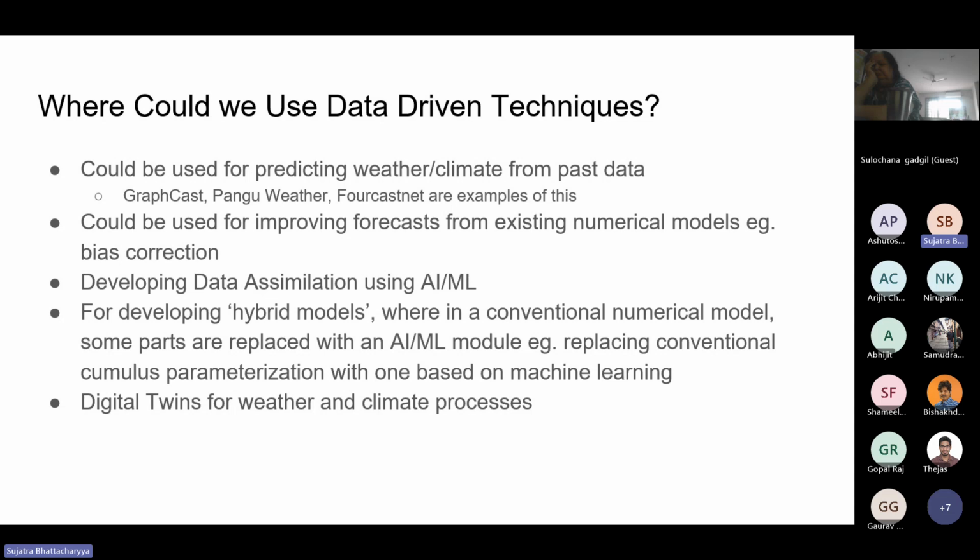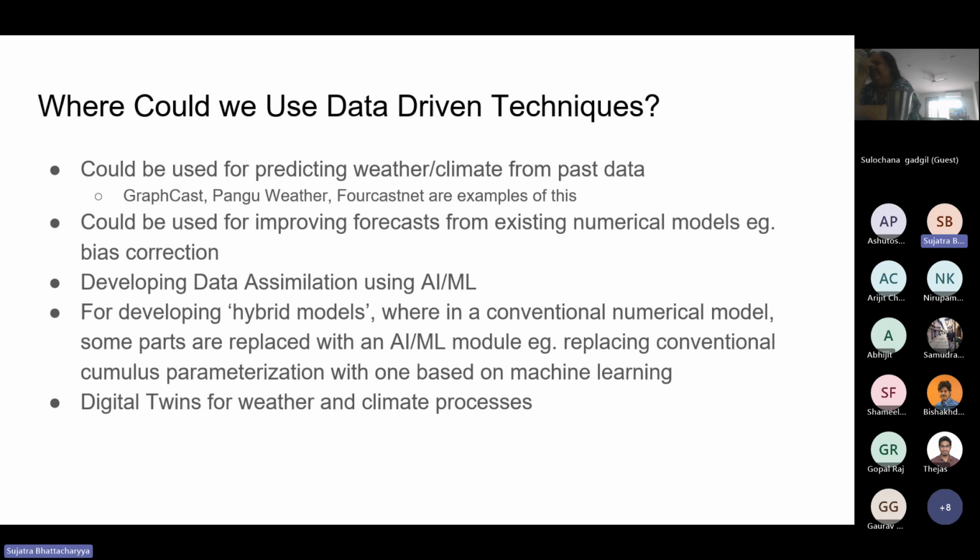In today's world, we have lots of data coming from various sources, satellites, etc. So we can use an AI/ML technique which could replace, let's say, your convection parameterization or boundary layer parameterization. You still use the conventional numerical model, but you replace that component with an AI/ML model. That's what we call a hybrid model.